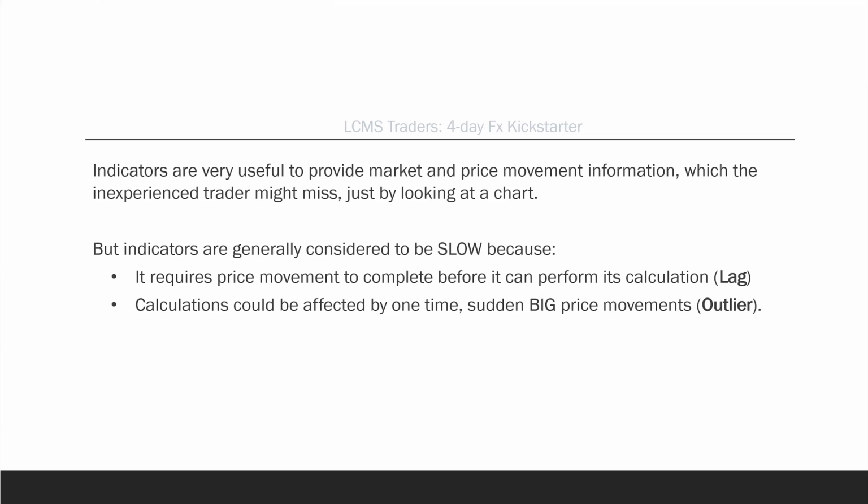Sometimes with big price movements, we could have outlier events, and then you see that the indicator does not take it into consideration, or it takes it into consideration and throws the indicator totally out of whack. That's also the reason why I put indicators as one of the last things I look at, because I've already formed my judgment leading up to this indicator.